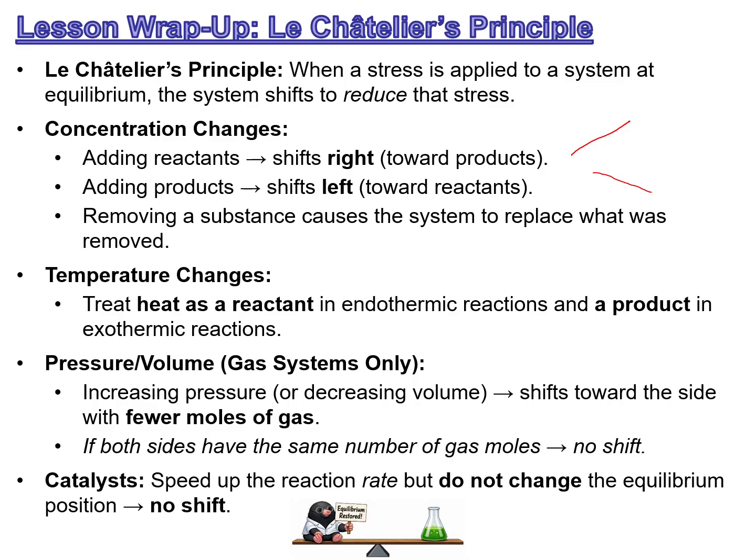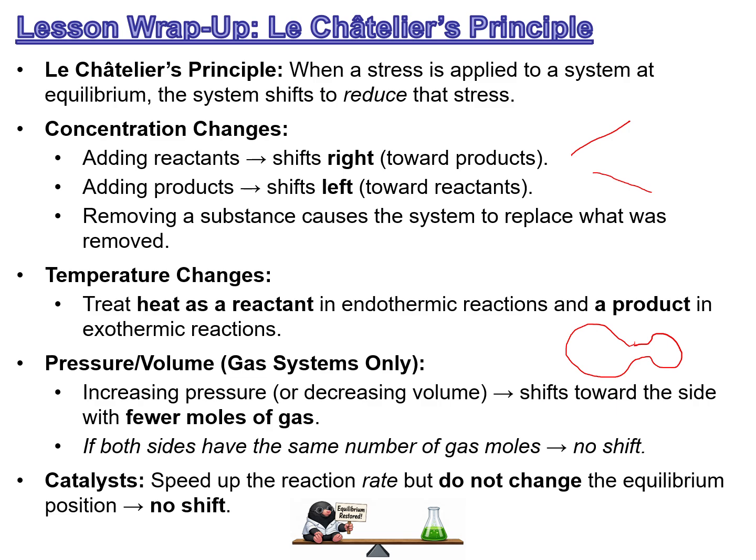If you have pressure or volume, you have a bunch of gases, that's where you have to imagine the water balloons, and the size of the water balloon depends on how many moles of gas you have. So if you increase the pressure, it's going to shift to the side that takes up less space.